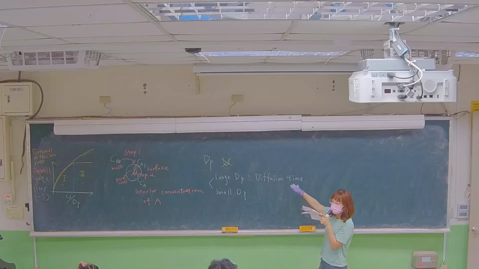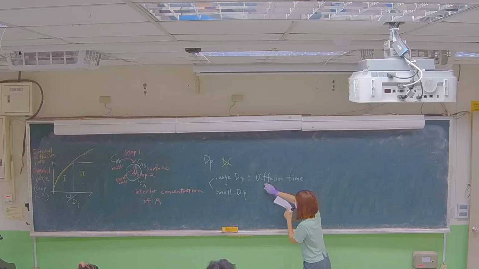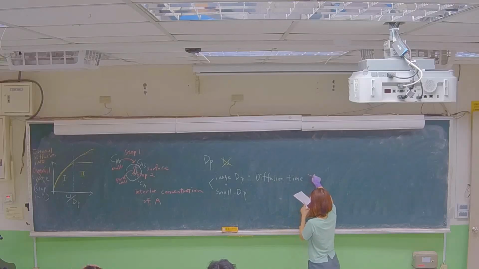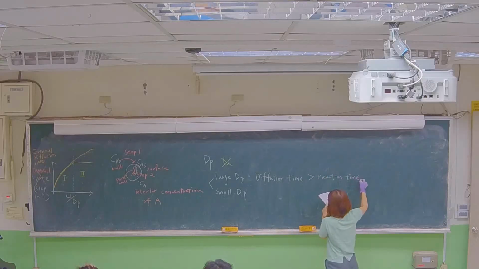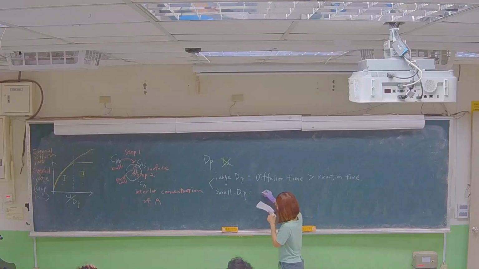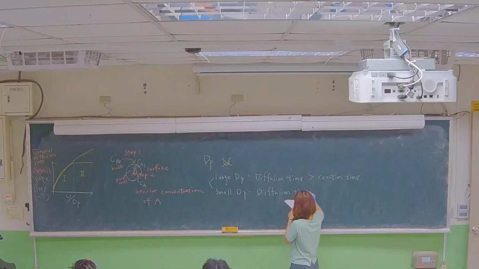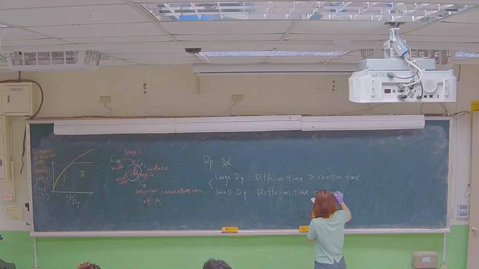The path is long, so diffusion time will be larger than reaction time. Inversely, for small particle size, the diffusion time is smaller than reaction time.